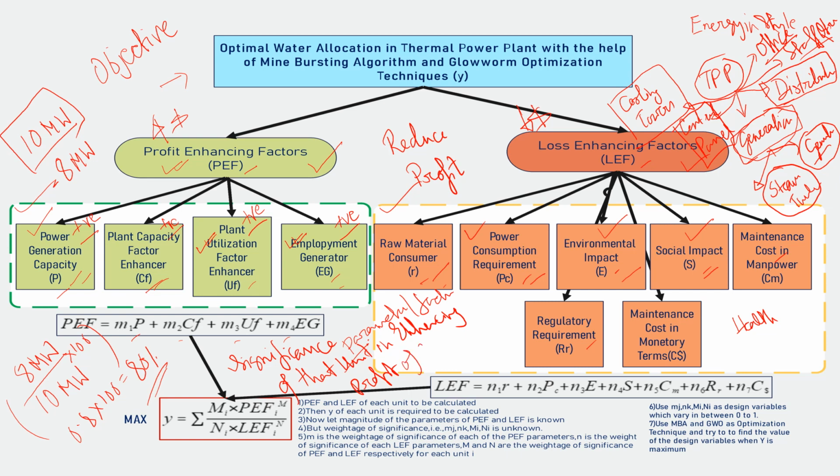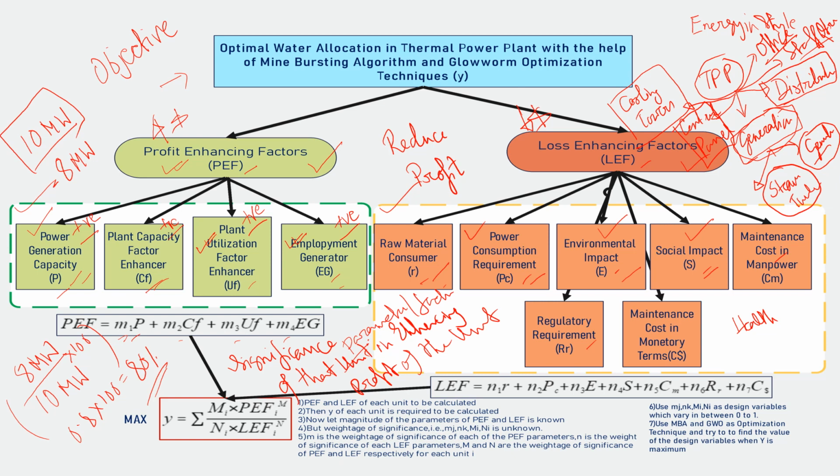That will be correct. And for loss enhancing factors, it is the significance of that parameter in enhancing the loss of the unit. So these significances are represented by weightages. These weightages will be within 0 to 1. They cannot be equal to 0 or equal to 1.